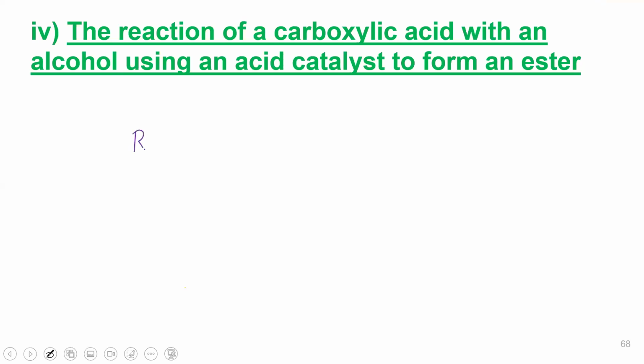Look, R, C, O, another O, and then the second alkyl radical, which is another R. You can say it's R prime. This is called an ester. We can also write it as RCOOR prime.